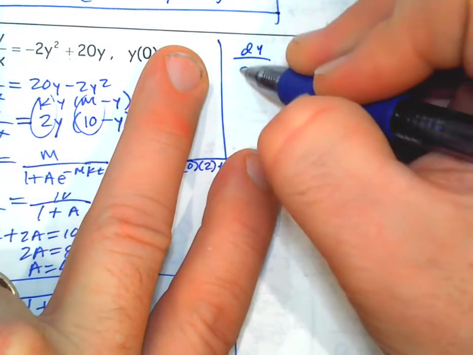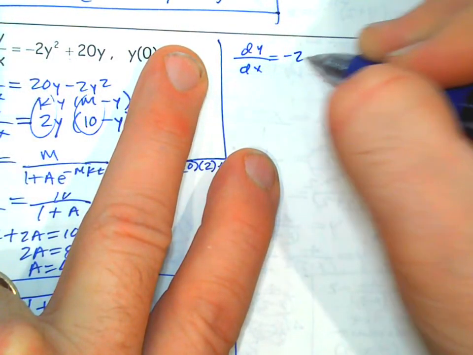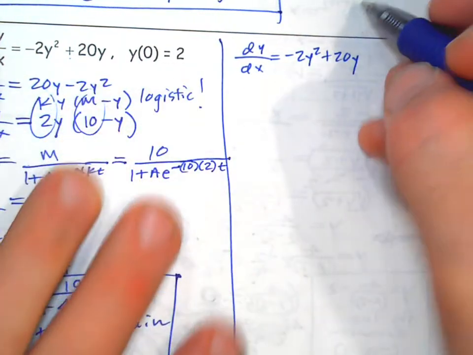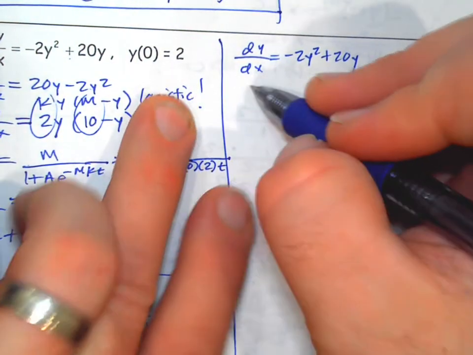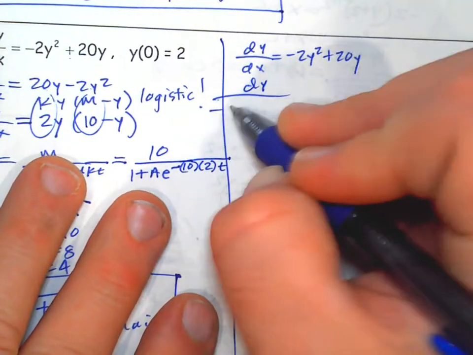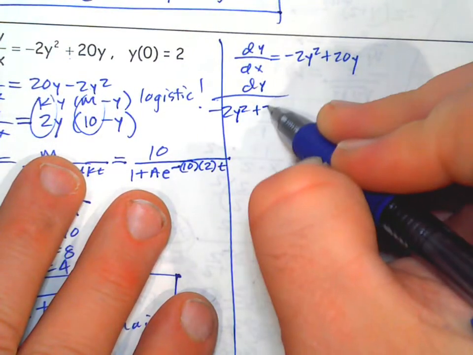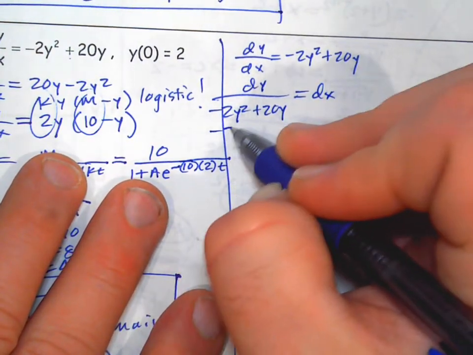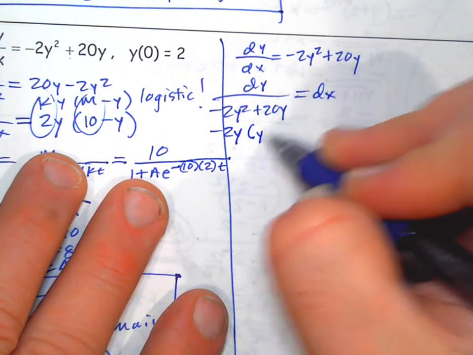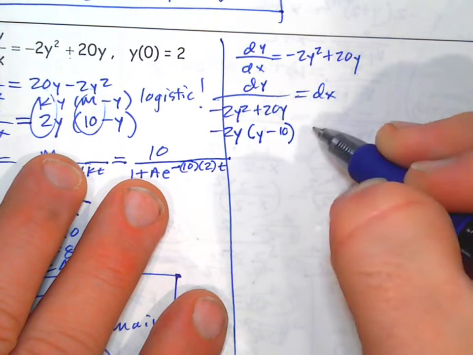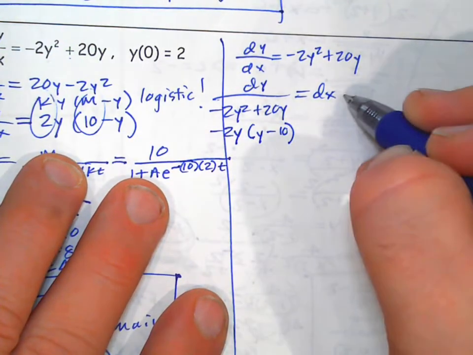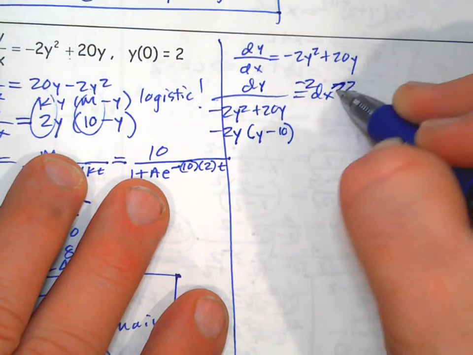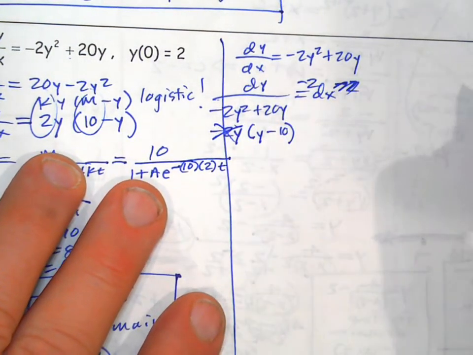starting back at the beginning, let's do it as solving a differential equation. So you need to separate the variables. You're going to want to factor -2y out. It's going to be y minus 10. I'm going to bring the -2 back over to the other side. You guys are cool with that. Multiply both sides by -2.